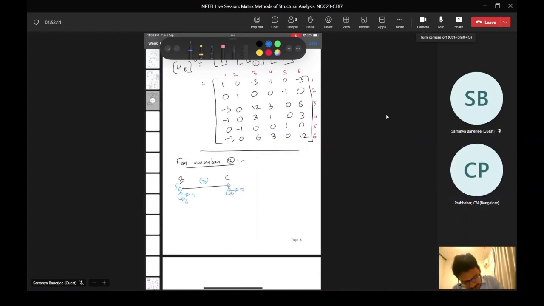This is 7, 8, 9. So yeah, L is again equal to 6. Lambda x and lambda y, what would that be?